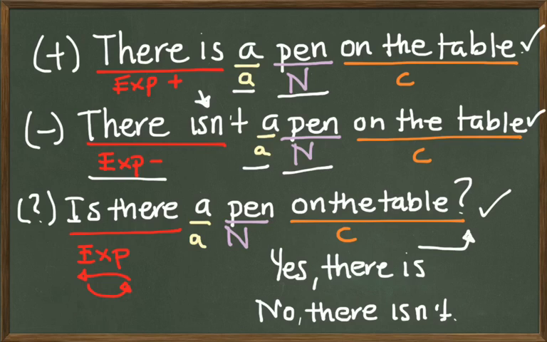If we want to answer yes with a short answer, we say yes, there is. We only mention the same expression. And if our answer is no, we say no, there isn't. Again, in this case, we use the negative form of the expression.